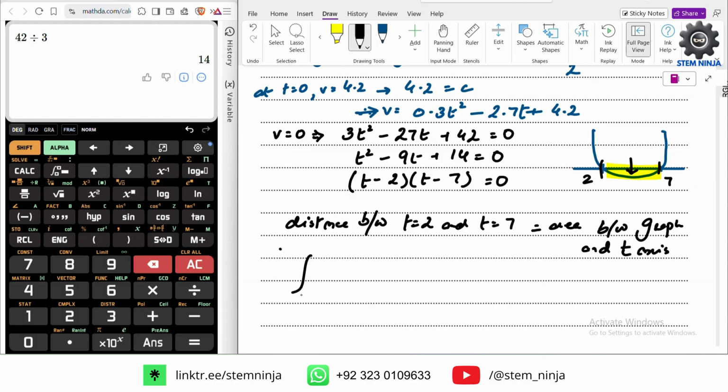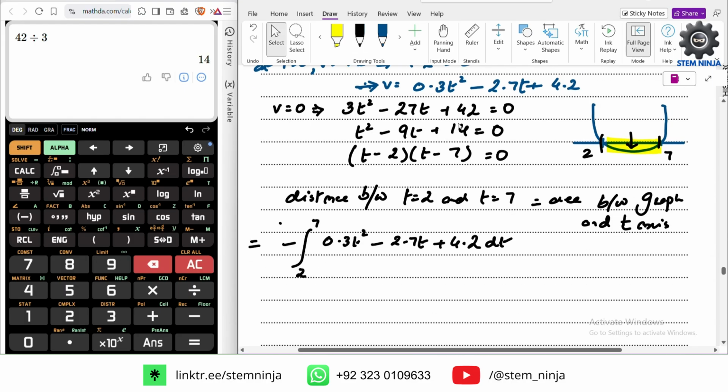So between 2 and 7, the integral of 0.3 t squared minus 2.7 t plus 4.2 dt. You can put a minus sign, or you could reverse the limits, because we're going to get a negative answer if we do 2 to 7.